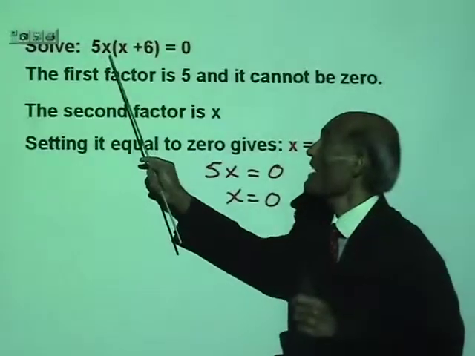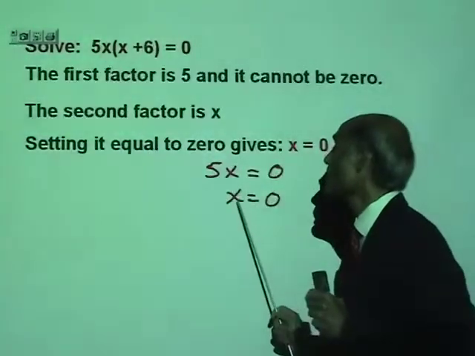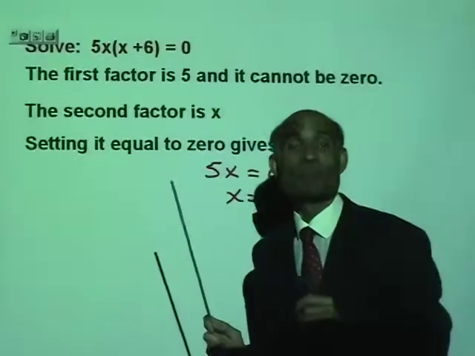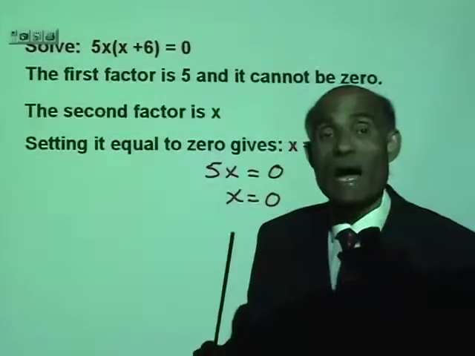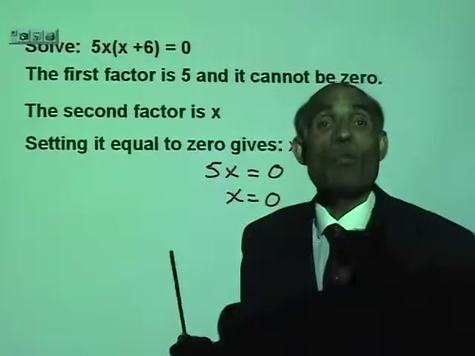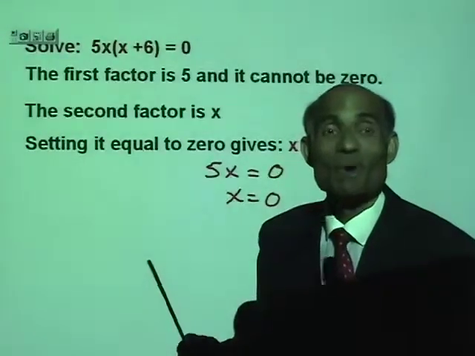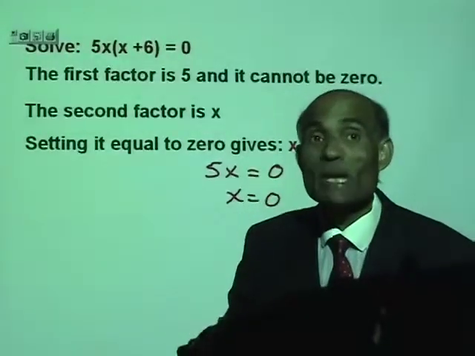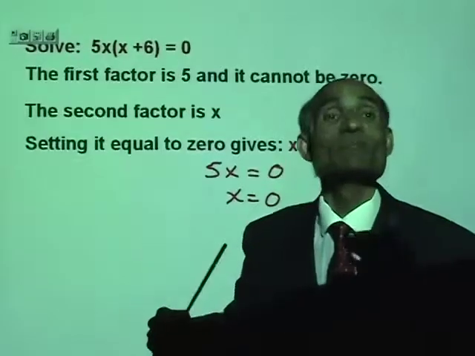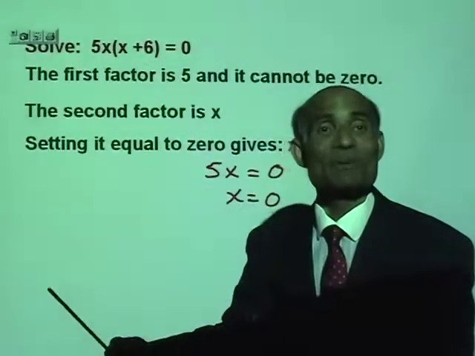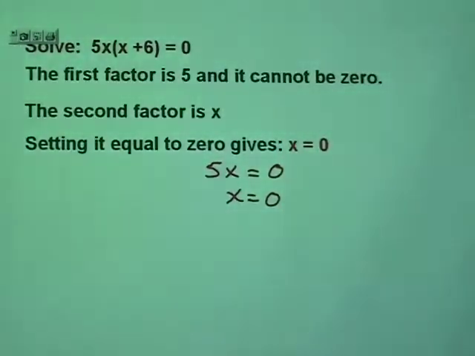So if 5x equal to 0, it means x equal to 0. 10y equal to 0 means y equal to 0. 1.2p equal to 0 means that p equal to 0. And so on. We will be using this as we move on.